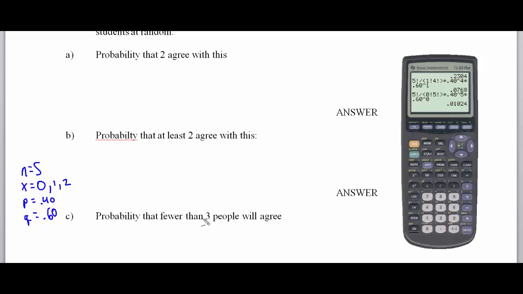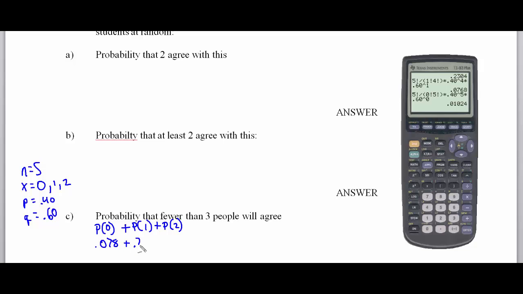So for the probability that fewer than 3 people agree, we have to do a P of 0 plus a P of 1 plus a P of 2. Now the probability that 0 people agree, if I do this out on the calculator, I'll just tell you the answer, is going to be about 7.8%.